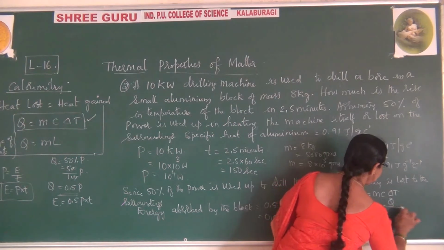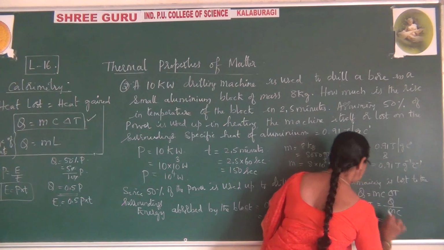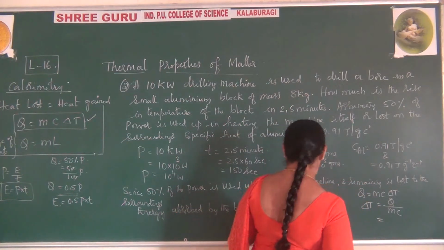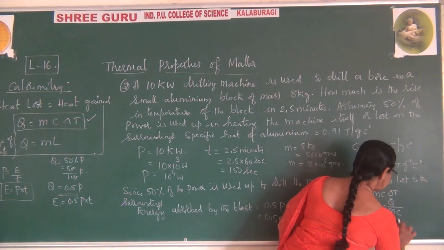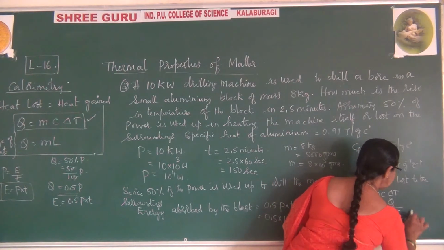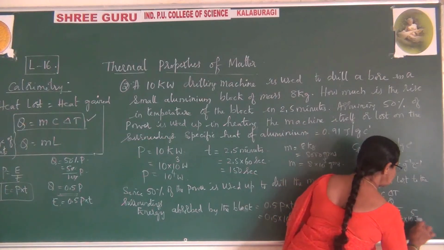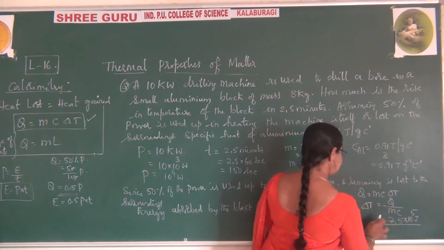Delta T is Q by M into C. What is Q? Just now you got the energy, the quantity of heat, that is 7.5 into 10 raised to 5 joules, divided by M.